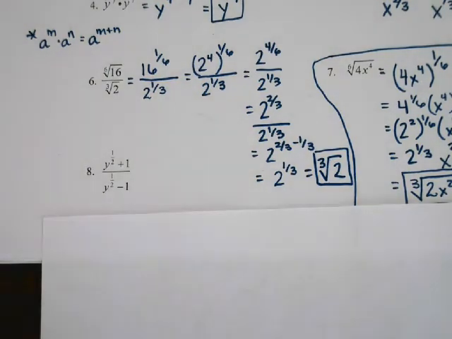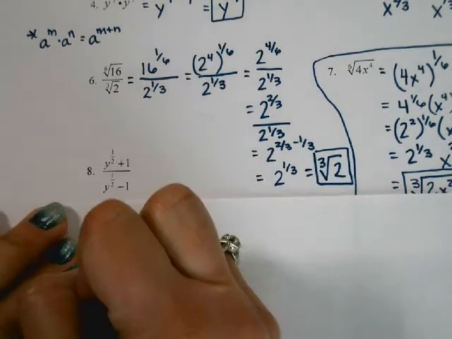I think it'll be easier to see. Otherwise, we're dealing with lots of fractions, and I know you guys just love fractions, right? So let's change this to radical form, because I think you'll feel more comfortable with it, and then we'll put it back in rational exponent form when we're done. Okay?